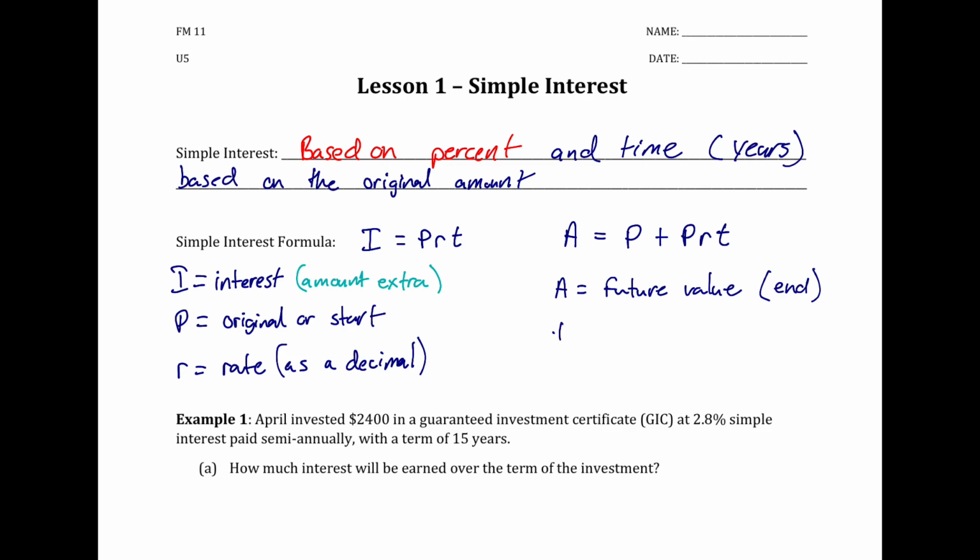Oh, and T. Forgot T. That's time in years. So it's always in years. It has to always be in years. So if you do a 6 months investment, that's only half a year. So you always have to do it in years. So this is the most important part. It's all the definitions. The rest is rather simple math, but it's all in the definitions.